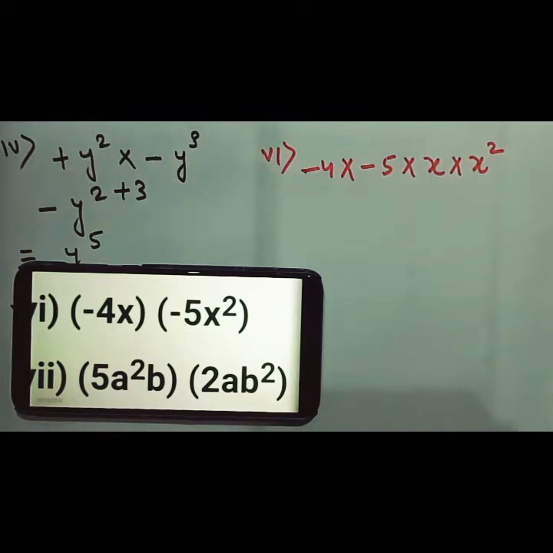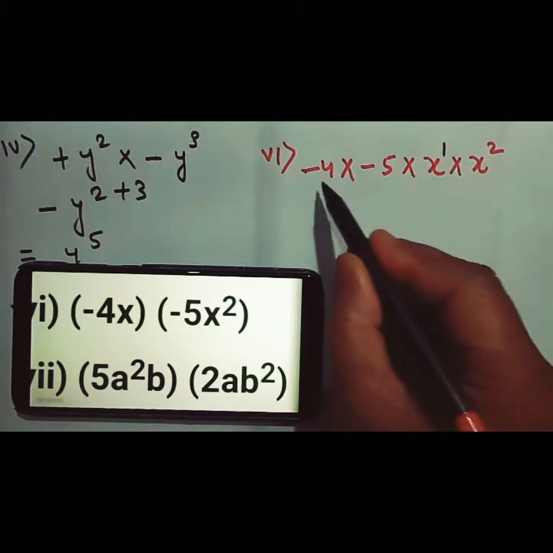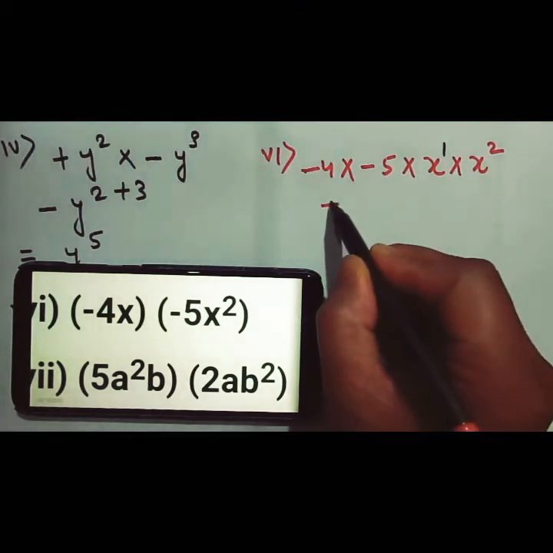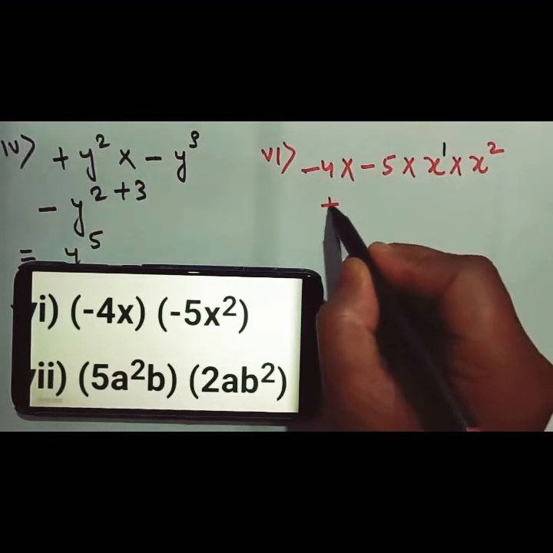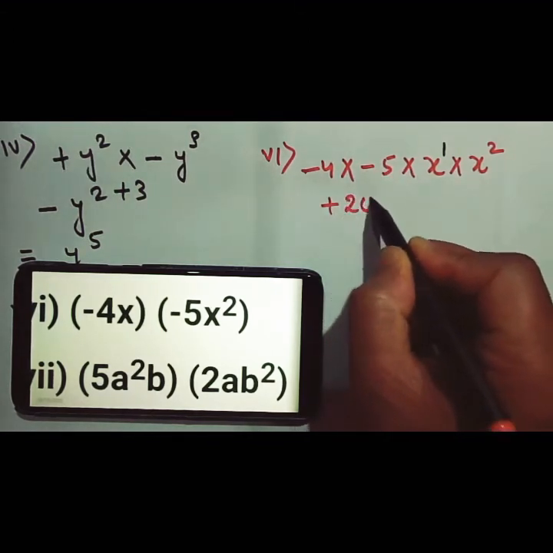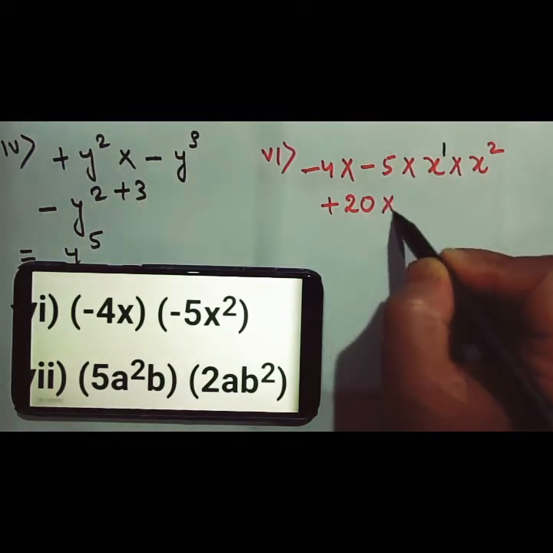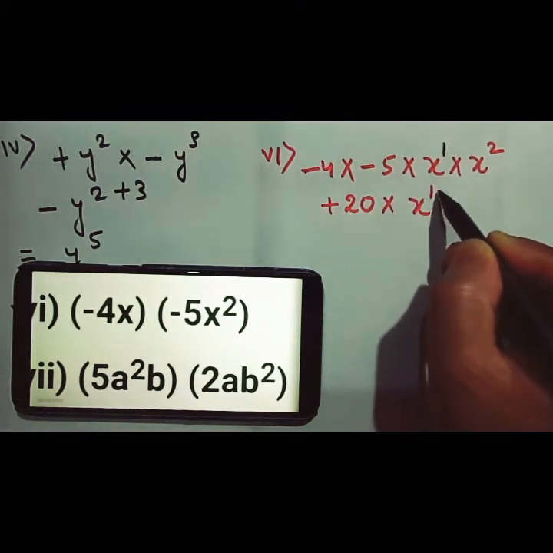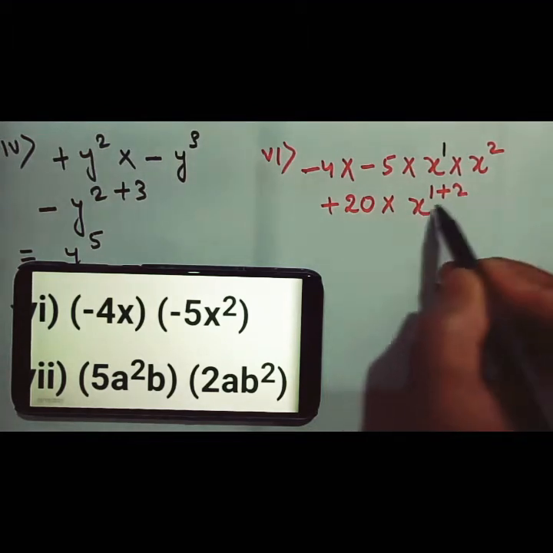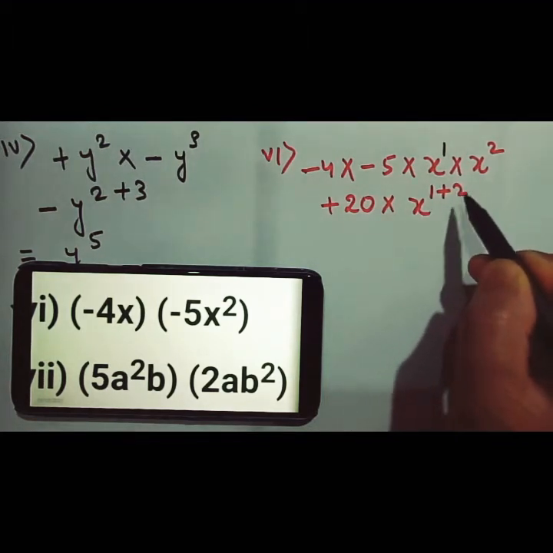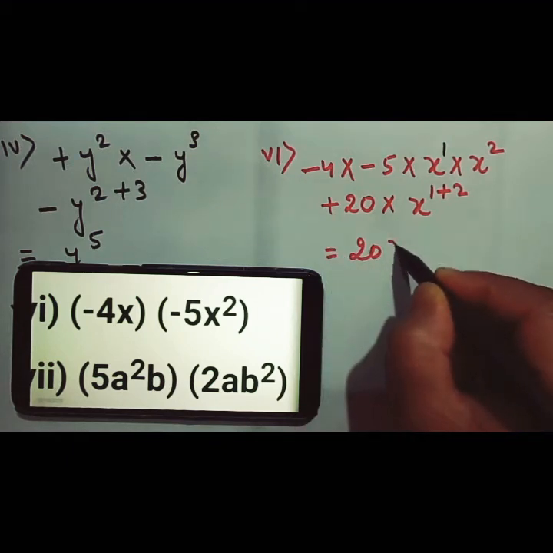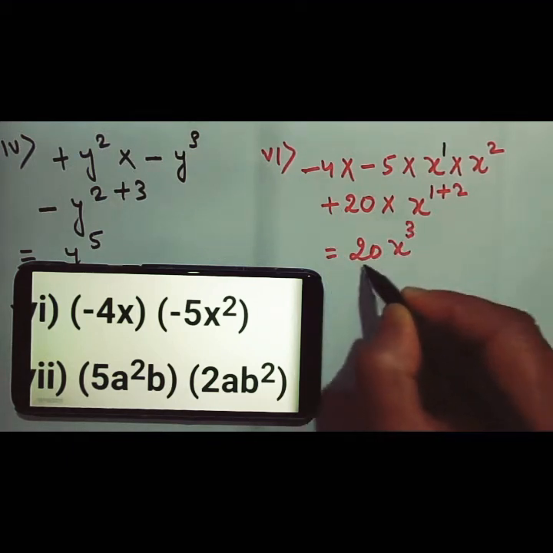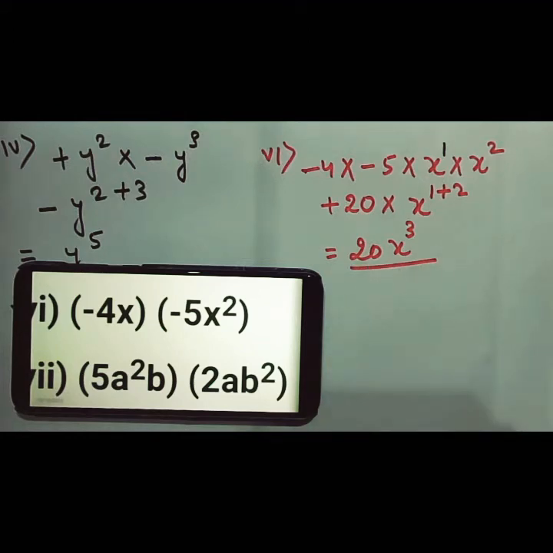Here the power of x is 1. Therefore, minus 4 into minus 5 will give you a positive value. Minus multiplied by minus gives you a positive value. 5 4s are 20 multiplied by x to the power 1 plus 2. So naturally you have to show that you have used the formula. Therefore 20x to the power 3 is your simplified solution.